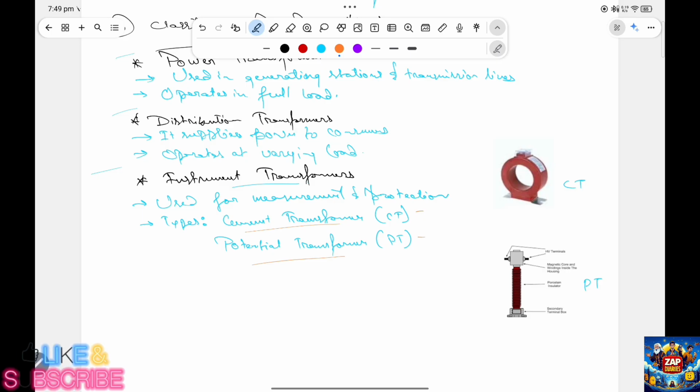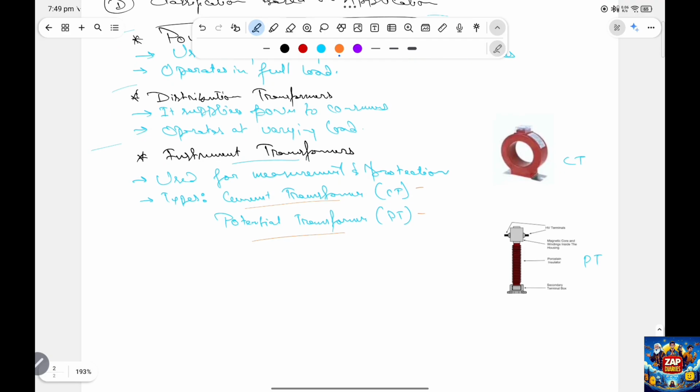Someday if you visit a substation, or you already have, people always ask what is CT, what is PT, how these two are different. So it's a very important topic to look at, and I will discuss CT and PT in detail in a separate video.